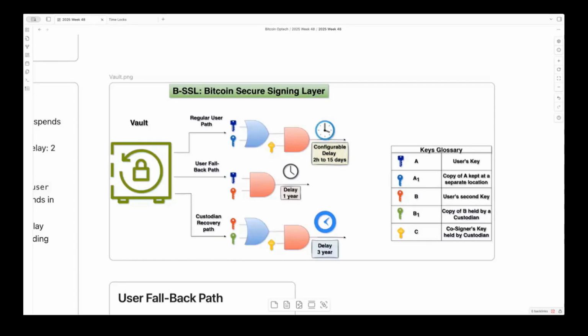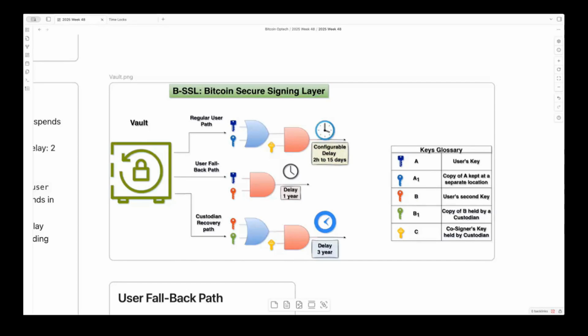But if you are in the third year, you can use any of the above two paths also. Because you can't use this path before 1 year, but after 1 year you can use this path whenever you want. Similarly, you can't use this path up to 15 days since initiation of this transaction, but after the 15th day, you can use this regular path also.